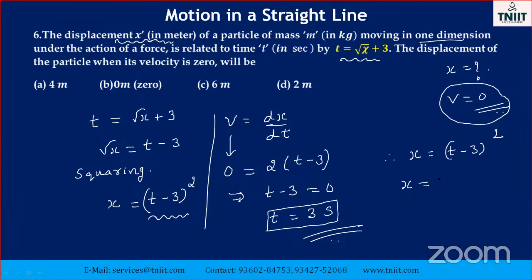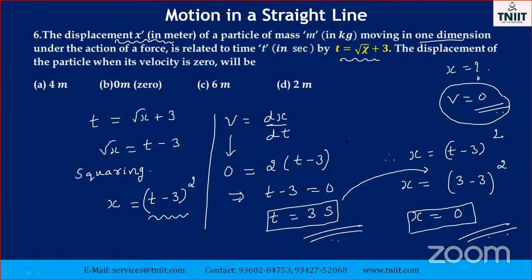What is t you got? t you got as 3. So x is equal to 3 minus 3 whole squared, 3 minus 3 is 0, 0 squared. So what is the distance covered? 0 meter. So option B is the right answer.